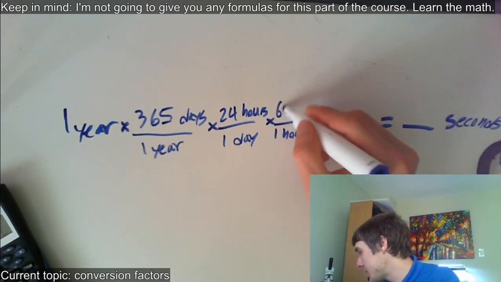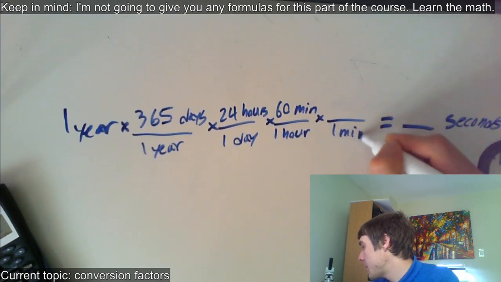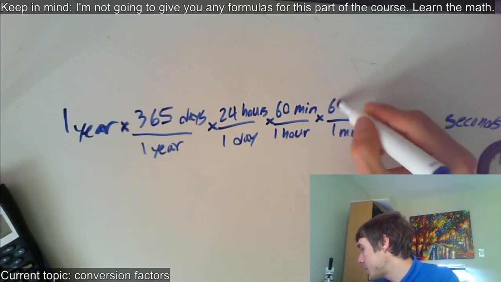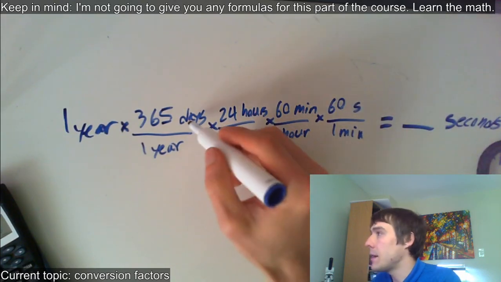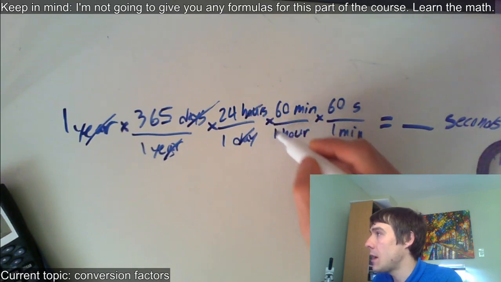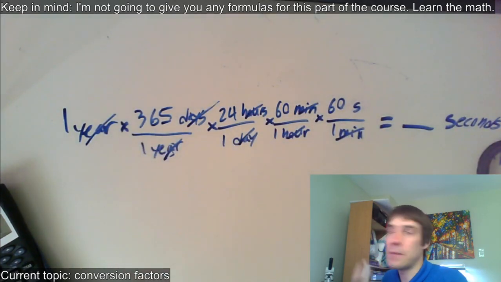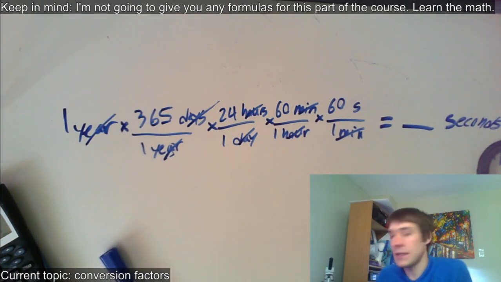Well, I know that there's 60 minutes. And I know per minute, because I want to cancel my minutes, that there are 60 seconds. And so you have this kind of train of canceling. Year cancels year, day cancels day, hour cancels hour, minute cancels minute. We convert years to seconds. We have to multiply by 365 times 24 times 60 times 60.